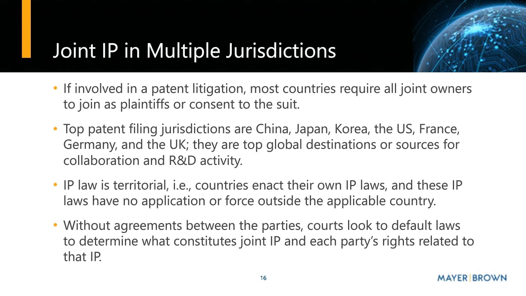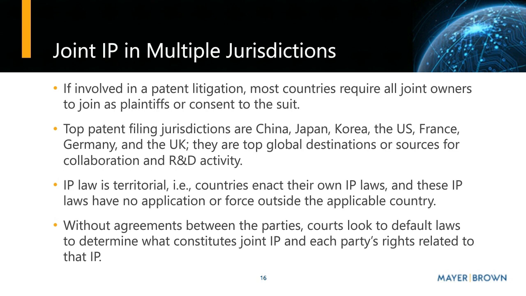The issue of joint ownership becomes even more complicated when the same jointly owned IP asset is protected in multiple jurisdictions. For example, a U.S. patent and a Chinese patent if they've been issued for the same invention. If a jointly owned patent is involved in a patent litigation, most countries require all joint owners to join as plaintiffs or consent to the suit, but that is not always the case.